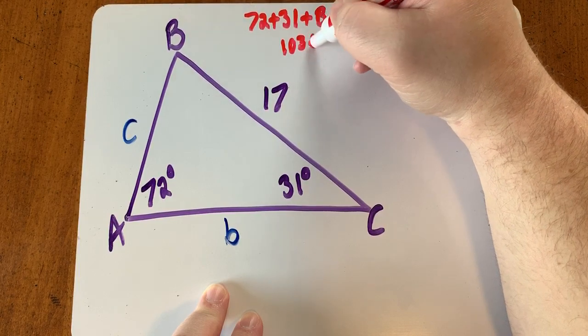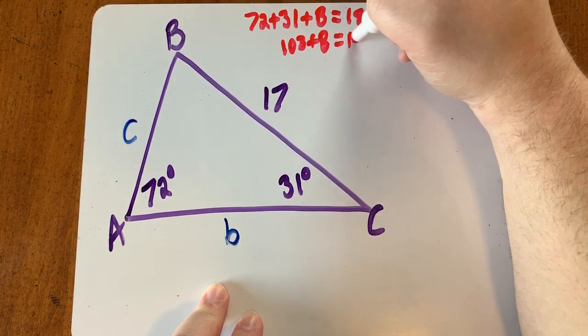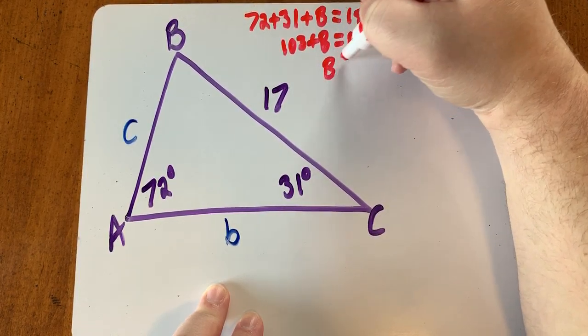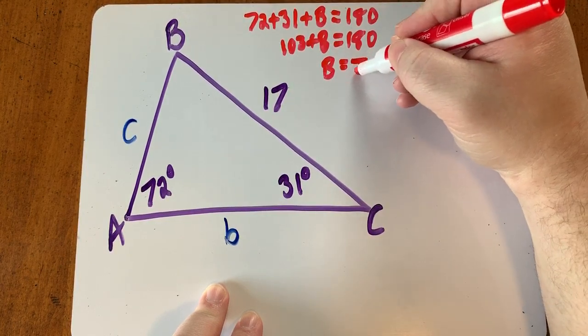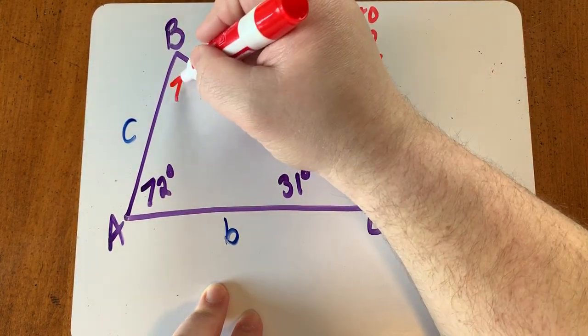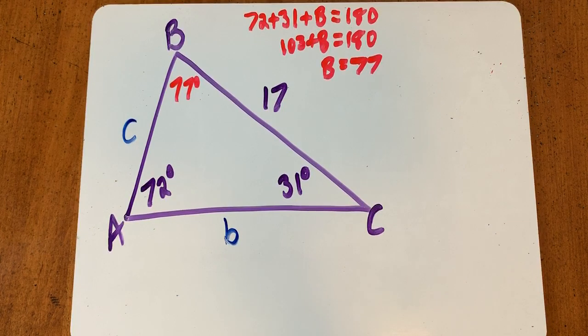So 103 plus B equals 180. So angle B is 77. So we have one of our three missing pieces found for us. Fantastic. Now we just need to find B and C.